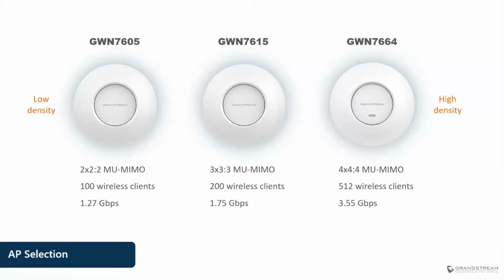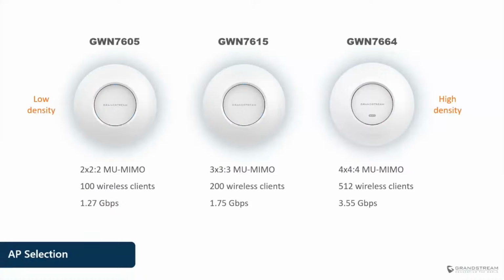Then we have the GWN7615 for medium density. It includes three spatial streams and supports up to 200 wireless clients. It also delivers a wireless data rate of 1.75 Gbps.